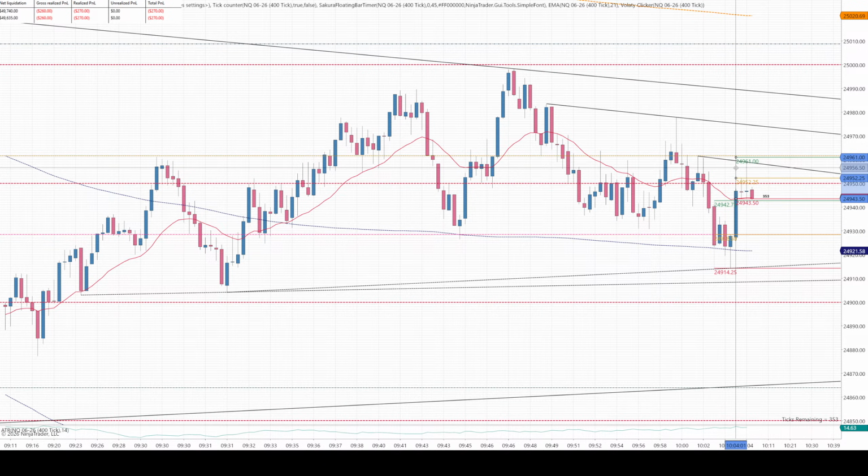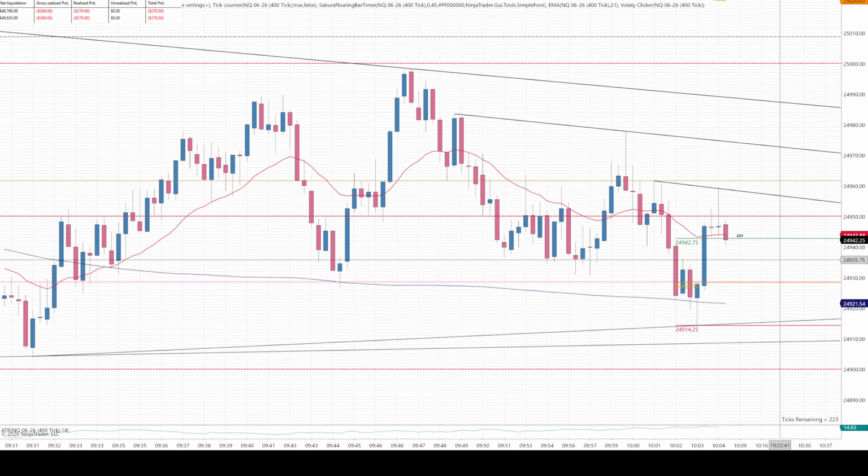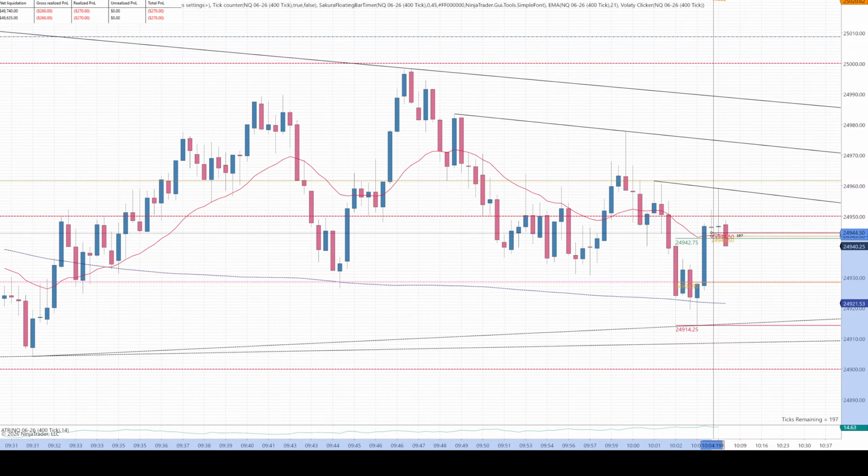And there's that stop loss. Alright. Might be able to take this bearish trade. Well, actually, no, it already triggered bearish, technically.